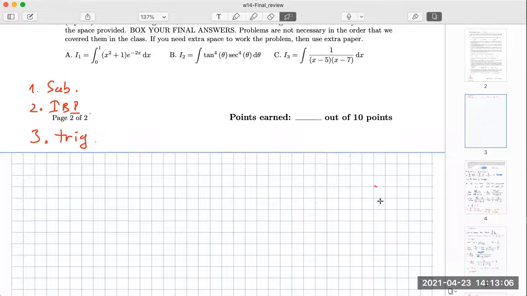Now, what do you think? Integration by parts? Looks good, right? Because here we cannot do substitution. If we substitute u by x squared, it doesn't help. Now let us try integration by parts.